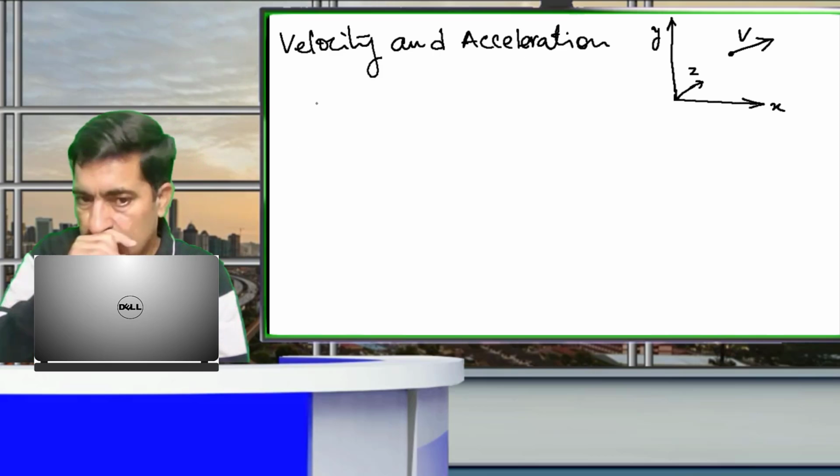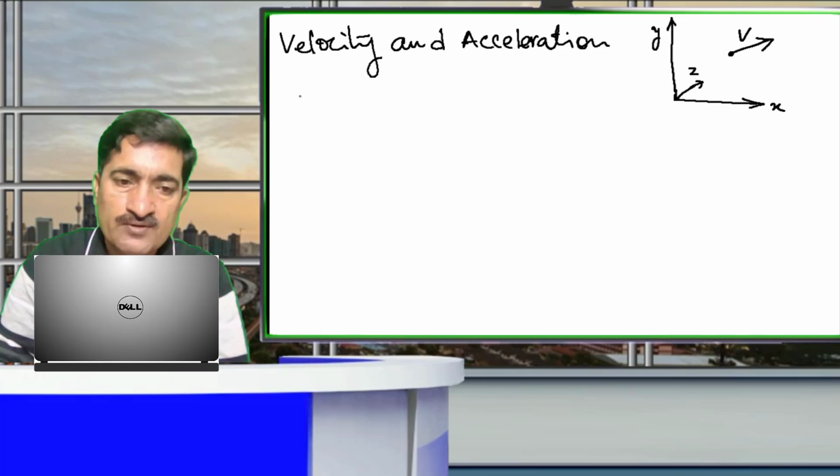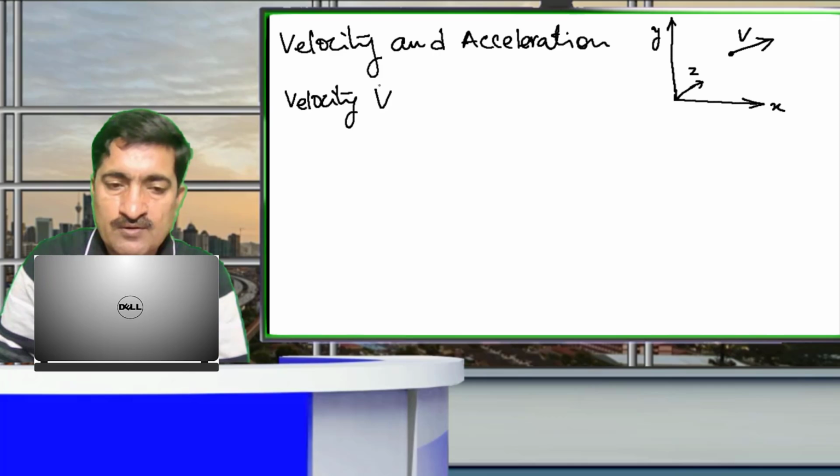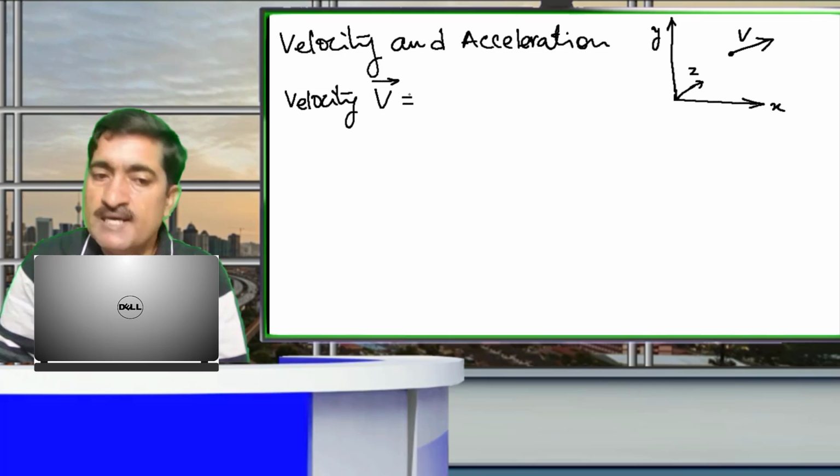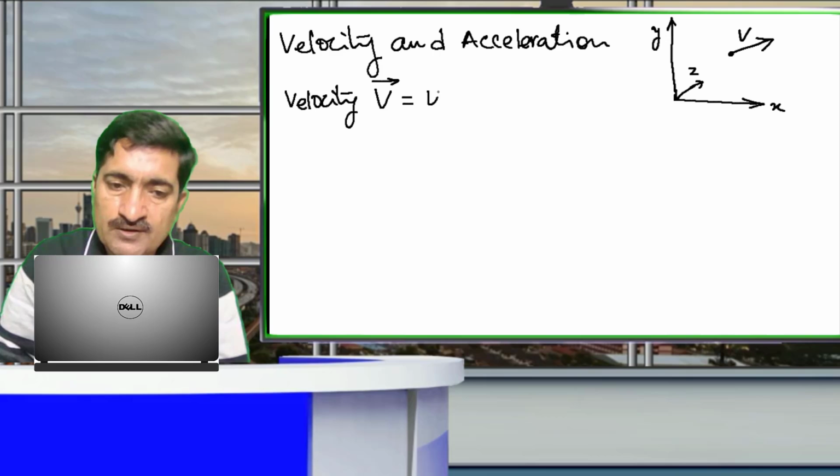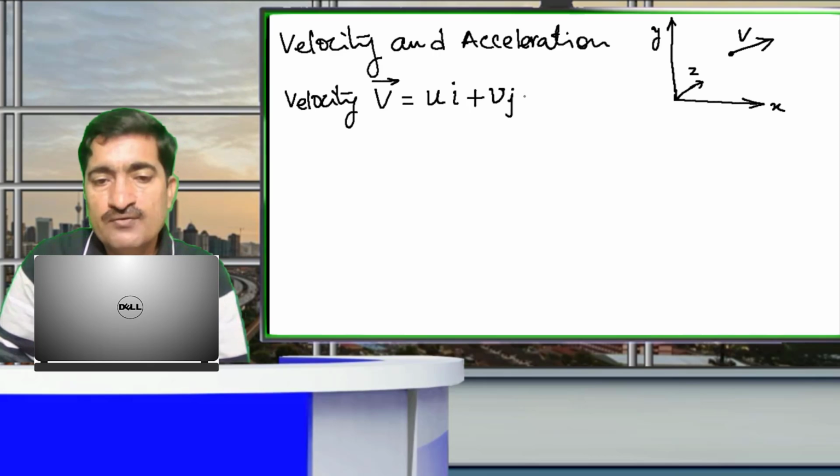Velocity v has three components. The component of velocity in the x direction is u, in the y direction v, and in the z direction small w.